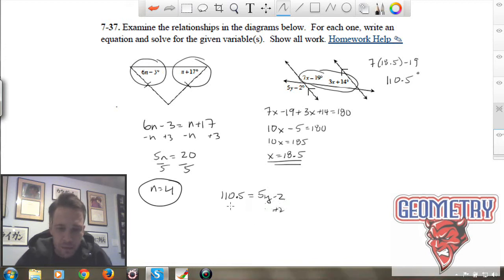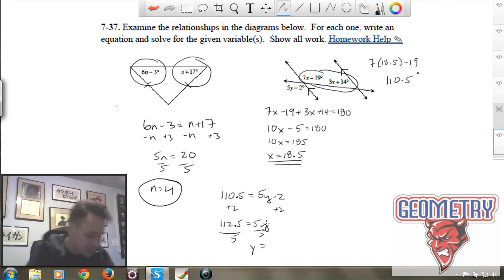I'm going to add 2 to both sides. So 112.5 equals 5y. Divide both sides by 5, and we get y to equal 22.5.